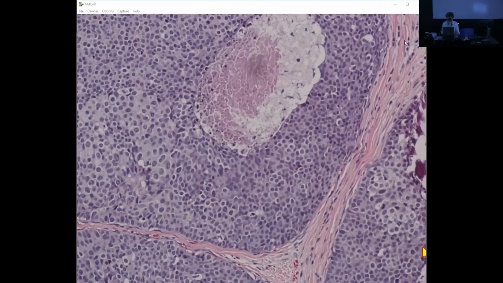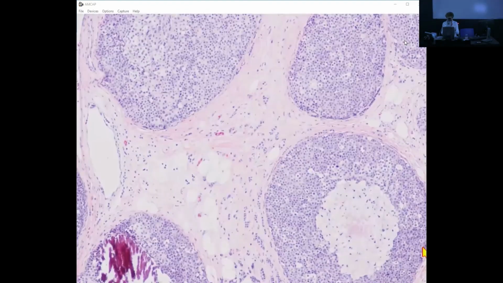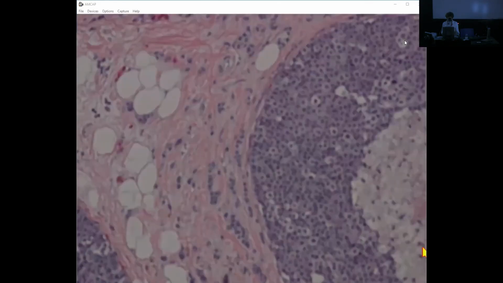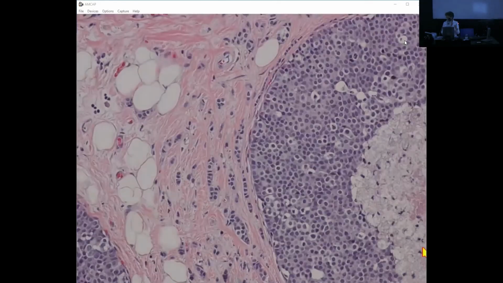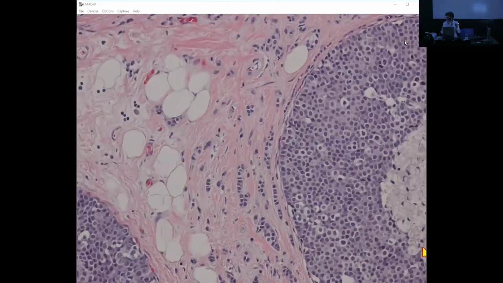So I did the immunohistochemical stains on this case. And there is a focus of invasion. What do you think about the invasive component? It looks like a florid LCIS with invasive lobular carcinoma.